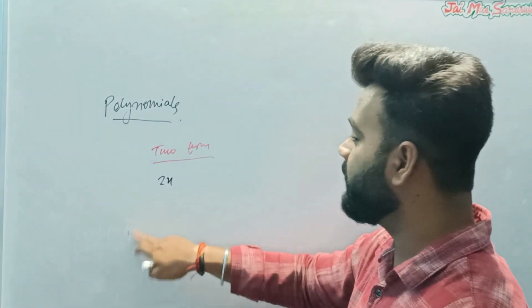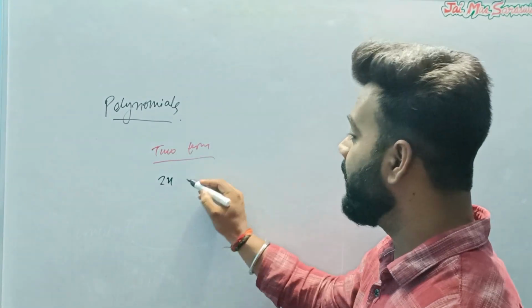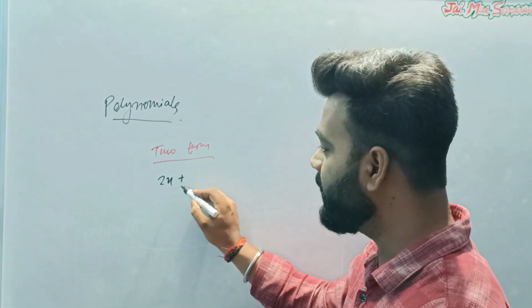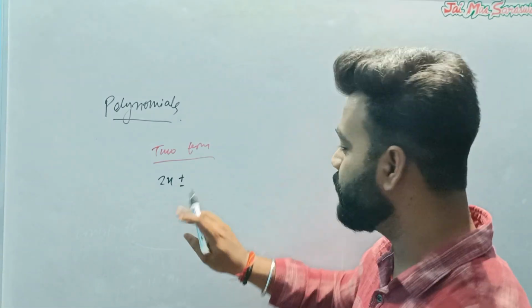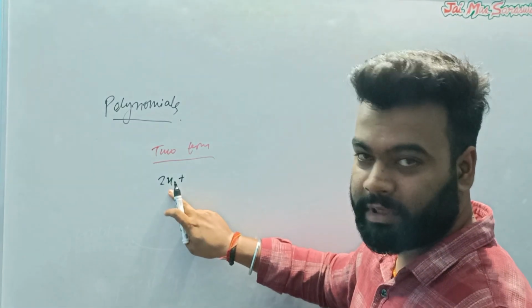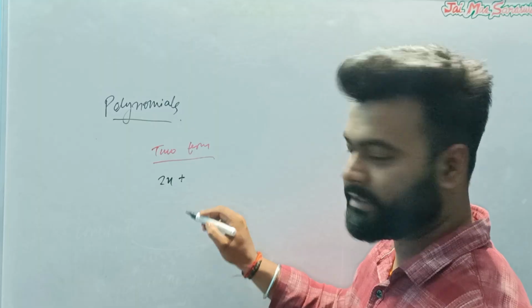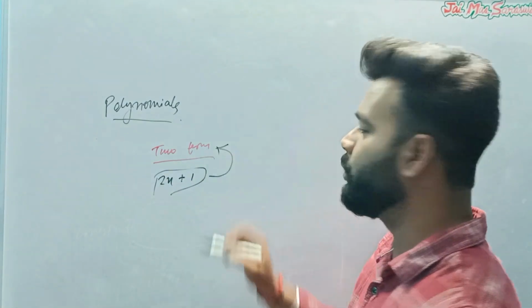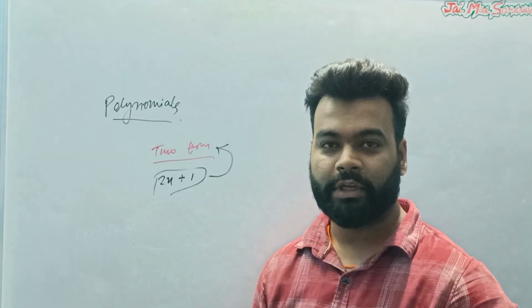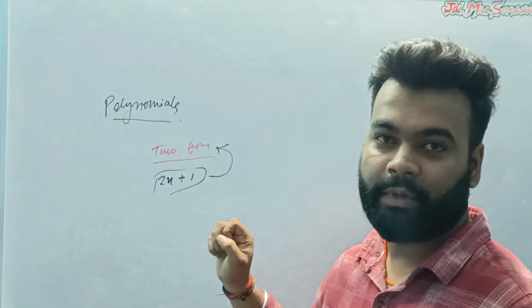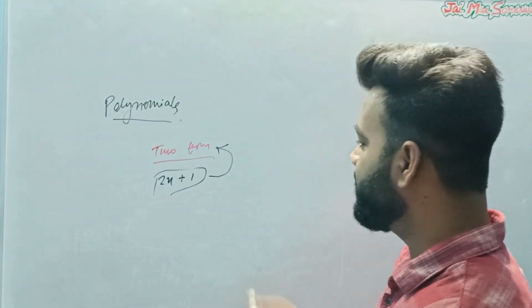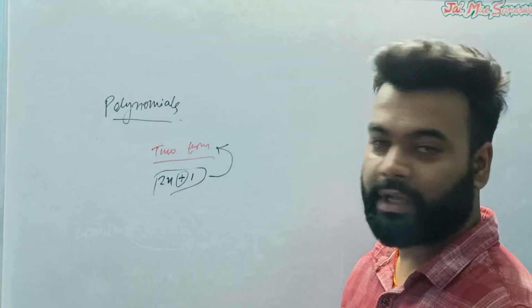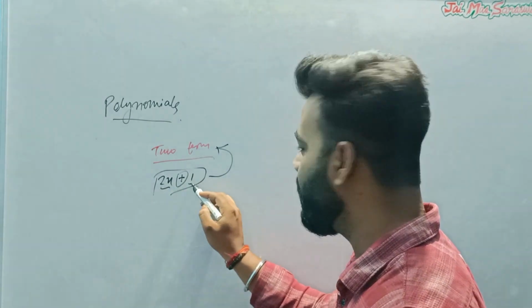Now when will this be separated from another term? Only when there is a sign of plus or minus between them. So this is one term, and if there is a plus sign and here is another term, 1, now this will be considered as 2 terms. Why? Because there is a plus sign between 2x and 1.